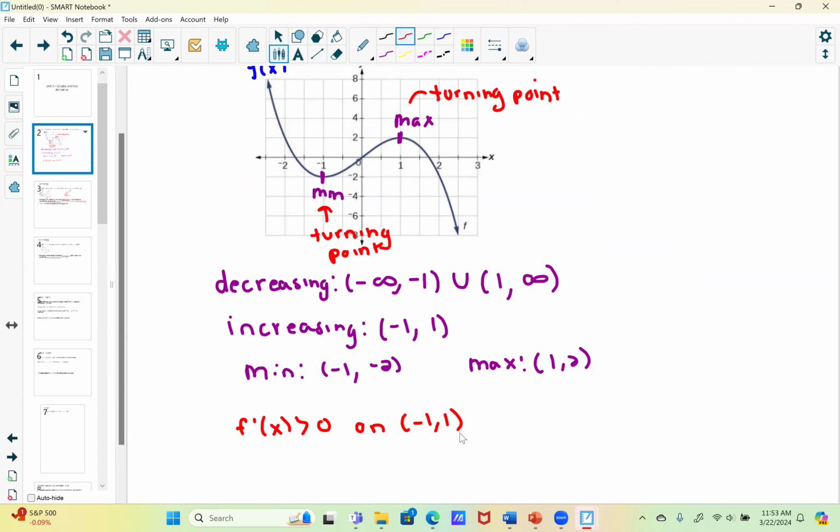And anytime we see that, that implies that my function f is increasing. And it's very important that you say which one is f and which one is f prime, because we're talking about two different functions.